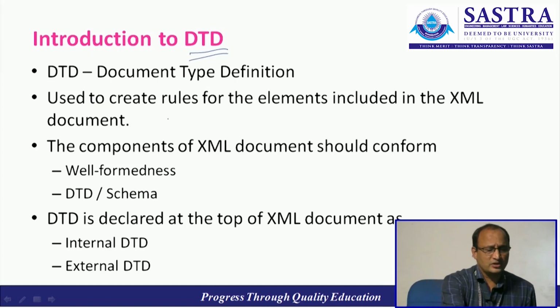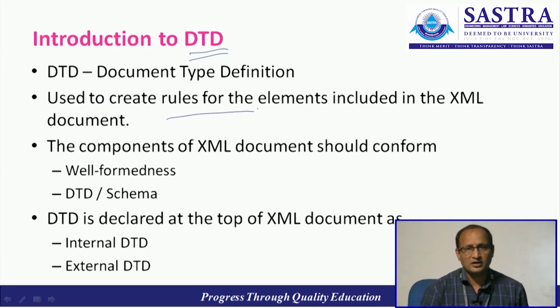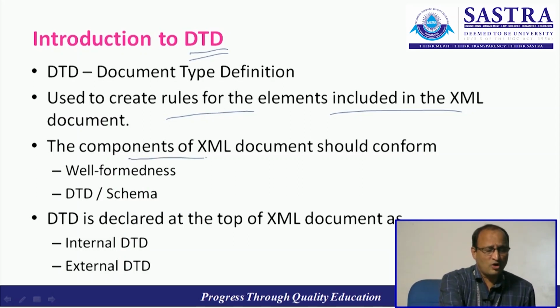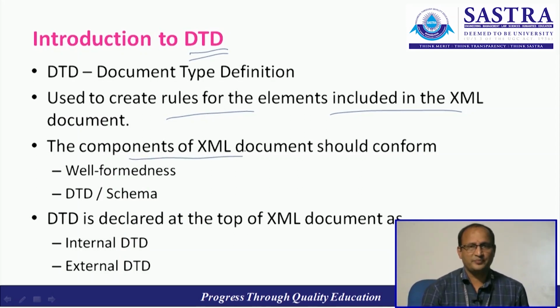It is used to create rules for elements which are included in the XML document. The components of an XML document: element, attribute, text, attribute values, entities are to be verified with the help of DTD.